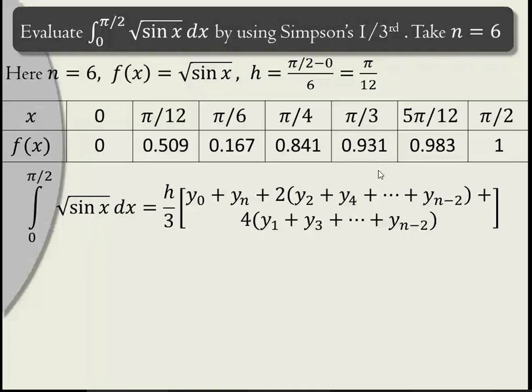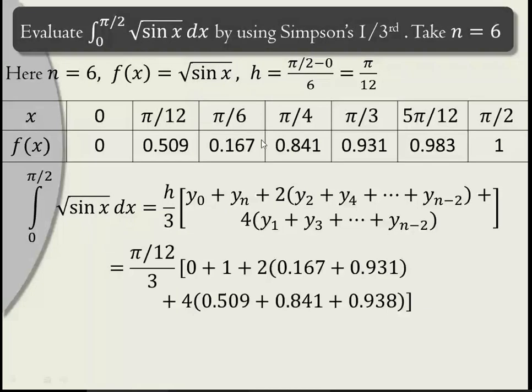Okay, so take y0 and yn, the first and last terms, 0 plus 1, plus 2 times the even terms: y2 is 0.167 plus y4 is 0.931, plus 4 times the odd suffix terms of y. This is y0, this is y1, the second term is y1.